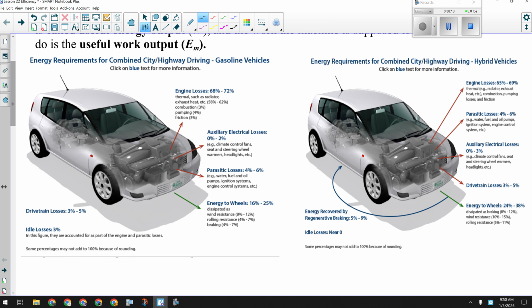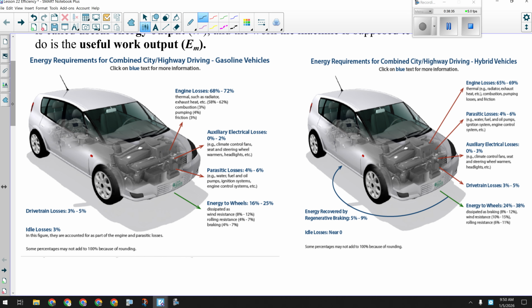That creates a lot of friction that slows you down. Does friction make heat? In an internal combustion engine car, that heat just goes to the surroundings and it's gone. In a hybrid or an electric vehicle, that heat goes to a thermocouple.